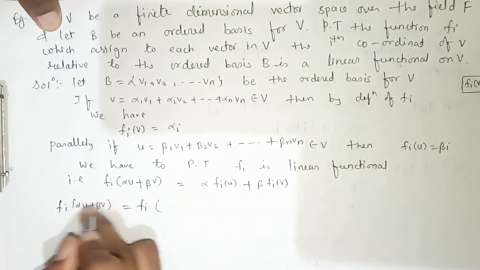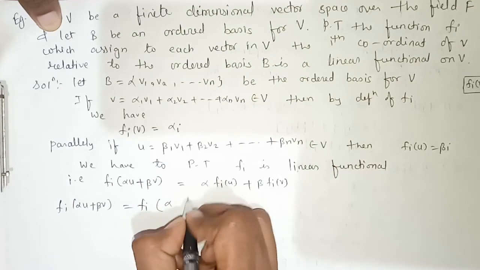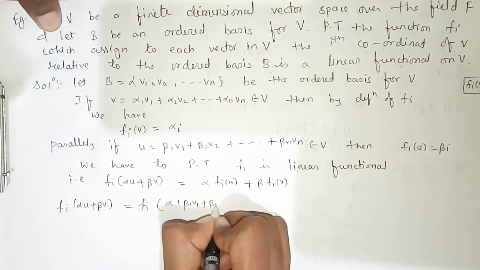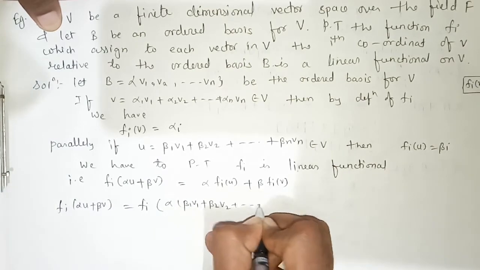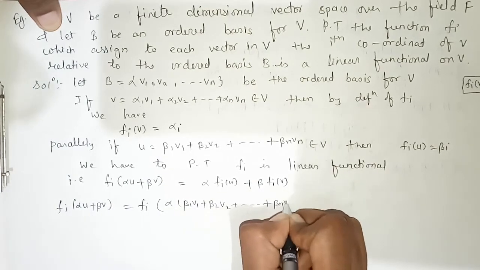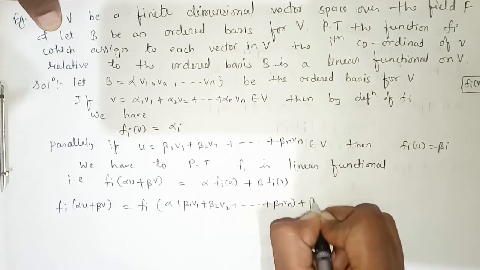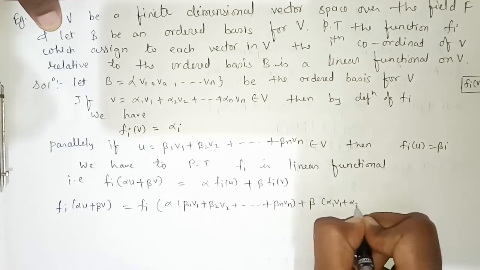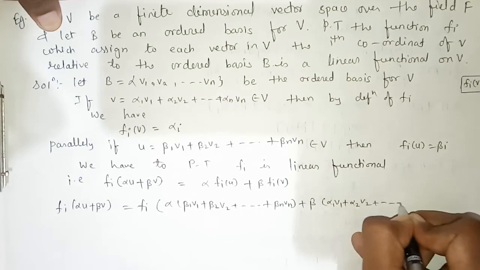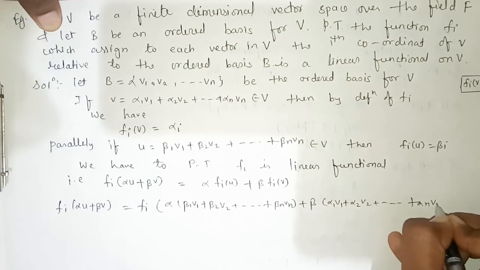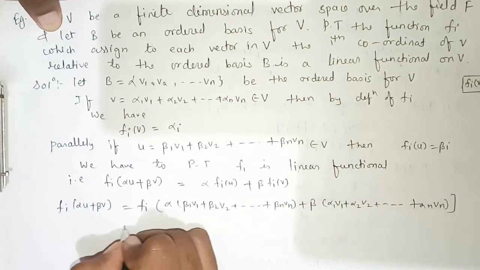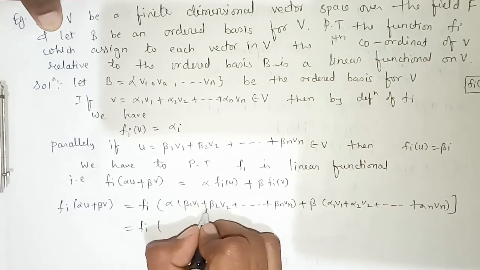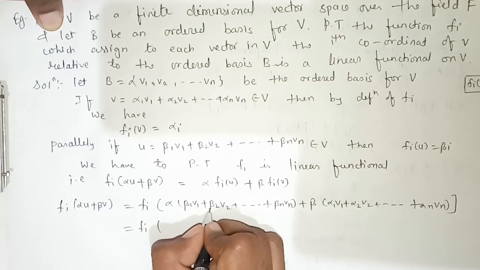First of all we will solve this element. So our alpha remains as it is. We have u as beta 1 v1 plus beta 2 v2 plus beta n vn, plus beta, our v is nothing but alpha 1 v1 plus alpha 2 v2 plus alpha n vn. Now from here, again I can simplify this.